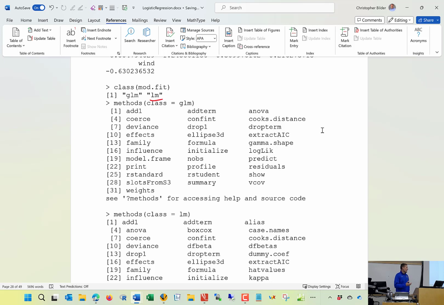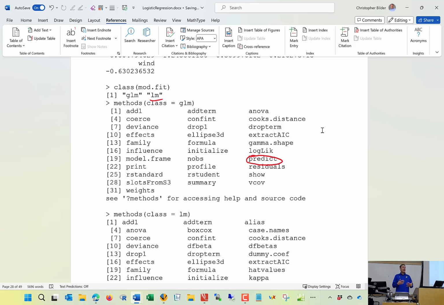And so if I do methods(class = "glm"), I see a listing of all the method functions associated with this class. In particular, we are going to use one very shortly called predict. And that's going to allow us to get a prediction for what pi is.